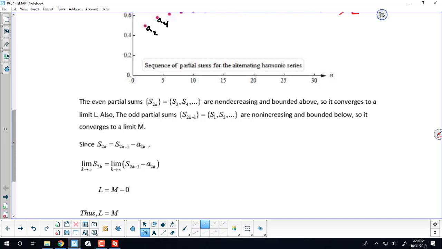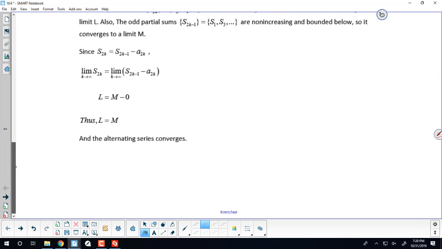So what that shows us is that L and M are actually the same value. So the alternating harmonic series converges because the even terms and the odd terms both converge to the same value. Whatever L and M are, it's the same thing.